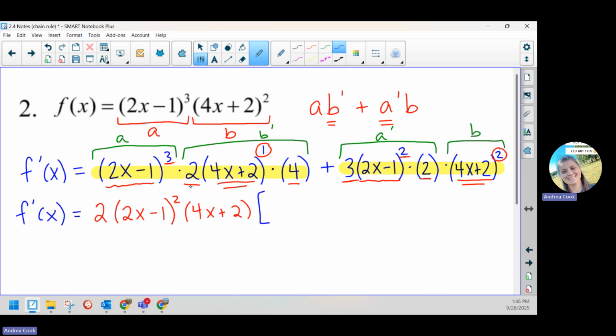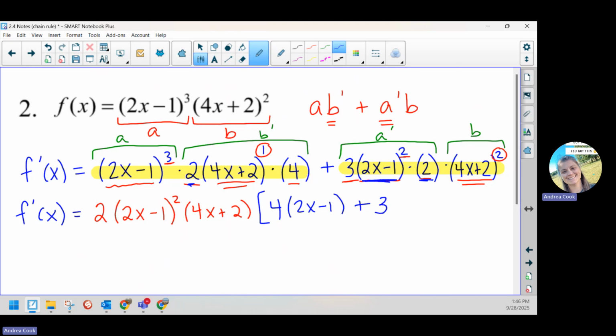So that's my GCF, and now I'm going to see what I have left after I factor it out. I took this 2 out, so I still have a 4. With 2x minus 1, I took 2 of those out, so I am left with 1, 2x minus 1. The 4x plus 2 is gone, so then I have my plus sign. I took this 2 out, so I have a 3 left.